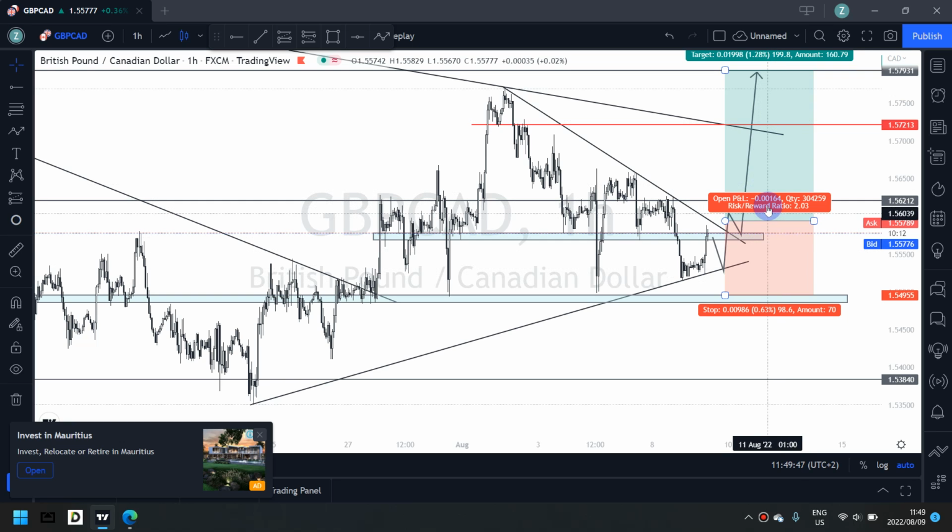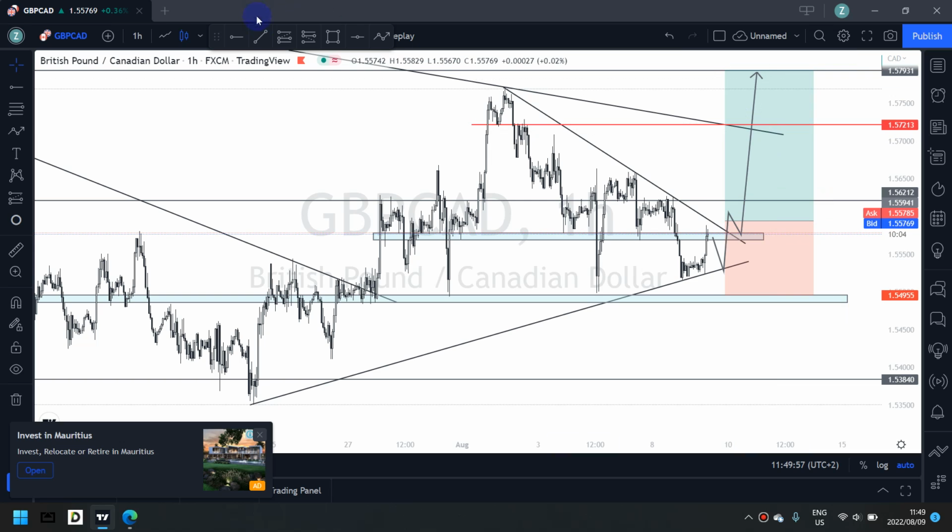So if it does push up, say now the market is about to touch your trend line, what you can do is lock your profits here at this key level.